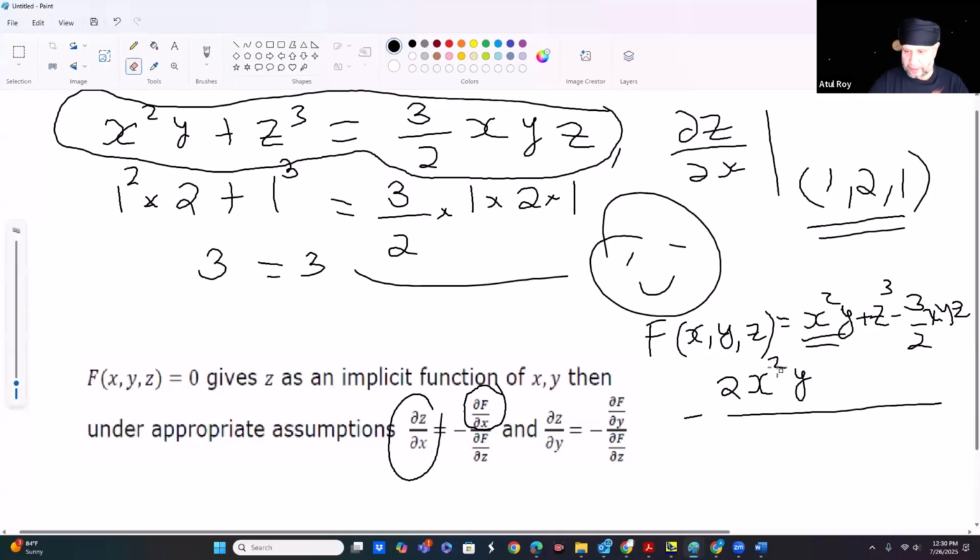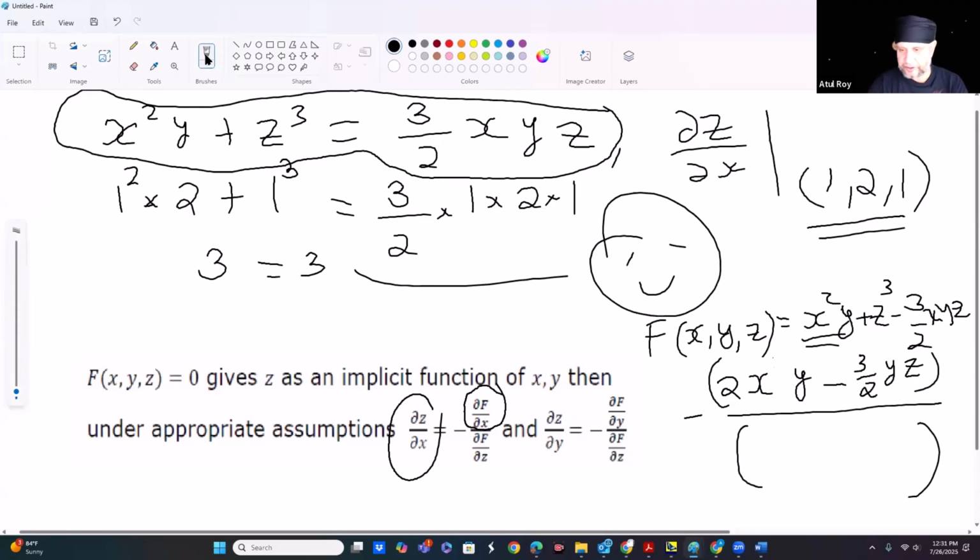Sorry, I forgot my Calculus 1. So that is 2xy here. And the z cubed, the derivative would be 0. And this would simply be, I have an x here, so negative 3 over 2 yz. So that's what the numerator would be.